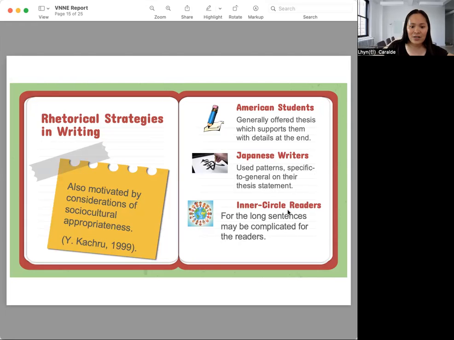And then for the inner circle readers, long sentences may be complicated for the readers. So if the countries belong to the L2 speakers, sometimes they are confused by long English sentences. That's why it makes it shorter to make them not really complicated for the readers.